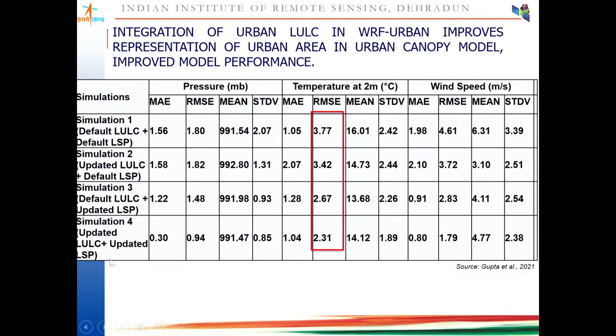In simulation 4, both the LULC as well as the land surface parameters were updated. So we can see that when we go for high resolution urban weather modeling, if we update 3-class urban LULC and LSPs, it provides the best results. The least error is found when we update both LULC and LSP.